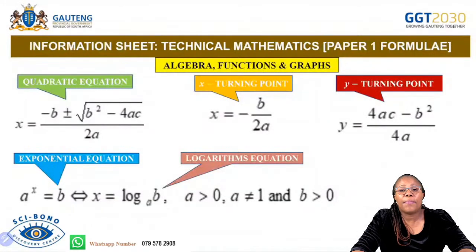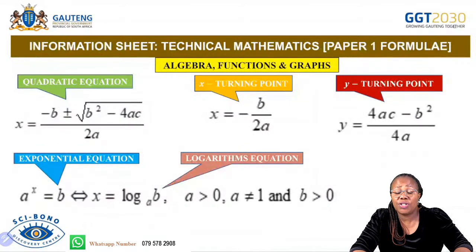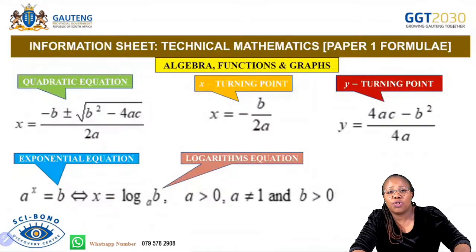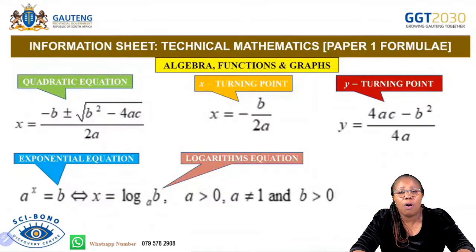At the back of your question paper, you have an information sheet, which is a formula sheet for both paper 1 and paper 2, but I'm going to elaborate more on the paper 1 ones. Immediately at the beginning of your information sheet is where you'll have your paper 1 formulas.